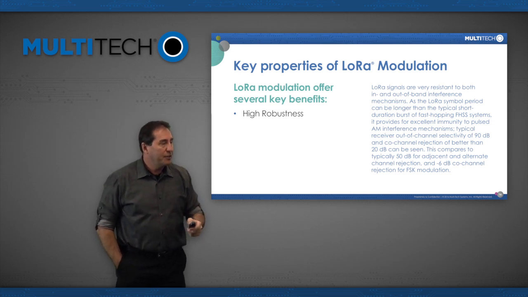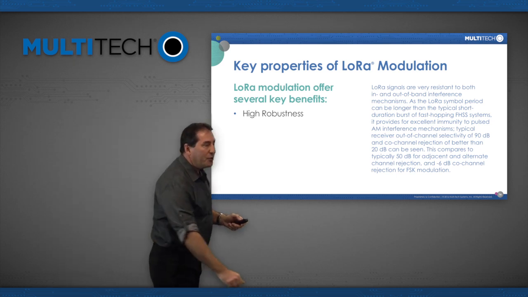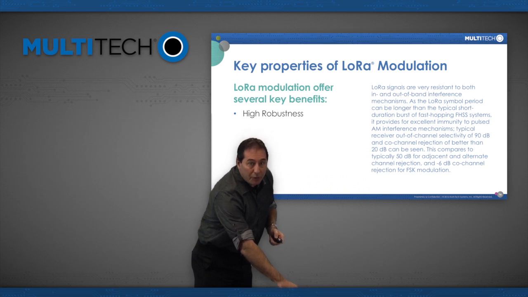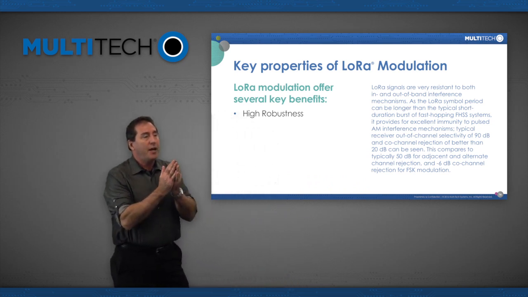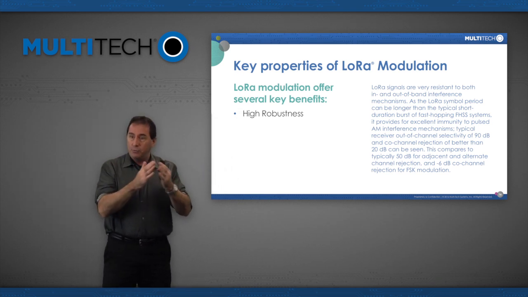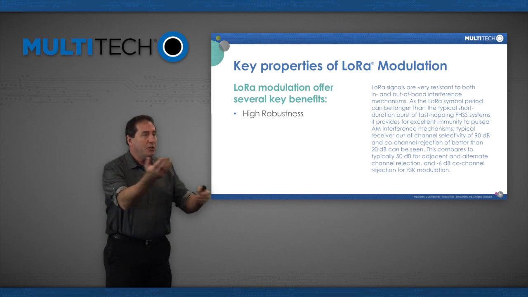If I can give you a little example: while I'm talking here, I'm making noise. This isn't interfering, but you can still tell what I'm saying, right? That's because how I'm talking is spread out, and my data rate is much lower than the frequency I was pounding on the table. So you could easily pick that out.